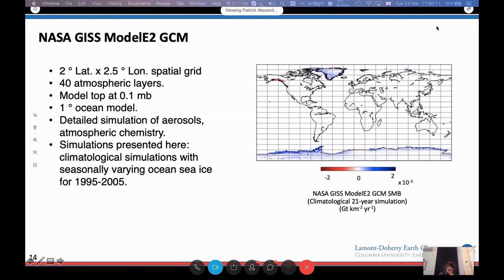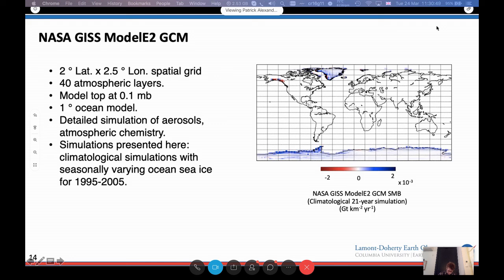There's been some work done recently by Elizabeth Fisher to couple ice sheet models, ice dynamics models, into the GCM. And here I'm mostly going to be talking about climatological simulations where we have seasonally varying ocean temperatures and sea ice conditions. This creates climatological conditions for a certain period where we can look at ice sheet processes.